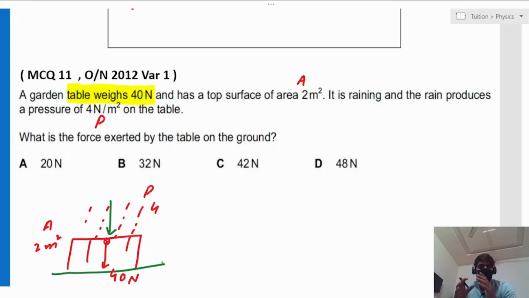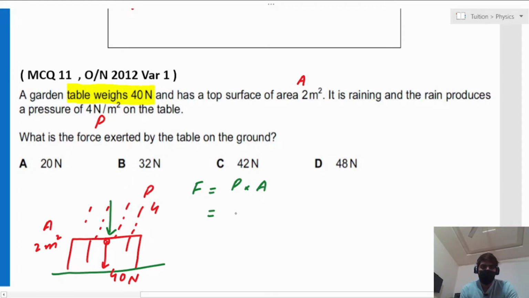All right, if there were no rain, then the table would simply exert a force of 40 Newton on the ground, because this is what the weight of the table is. But now we know that it is raining as well, and due to that rain, an additional force would be applied on the ground. So first we find out how much force is being produced due to rain, and the formula for that is this one, like I wrote above.